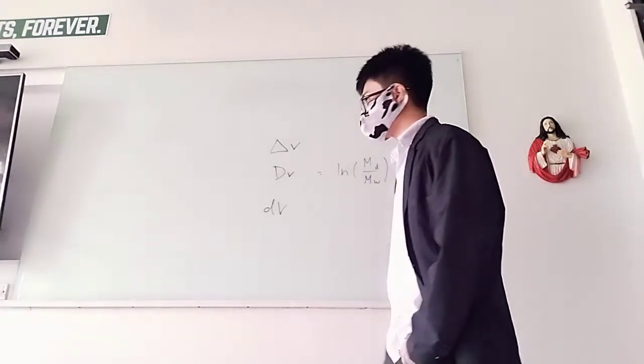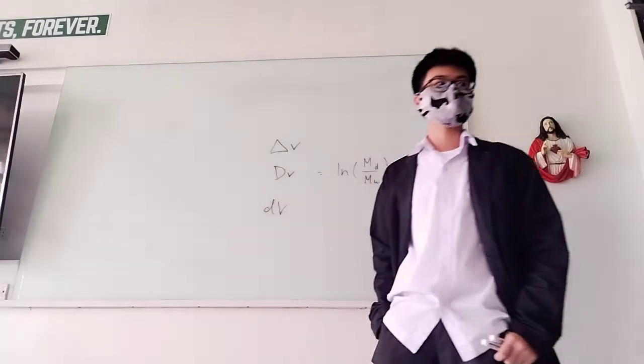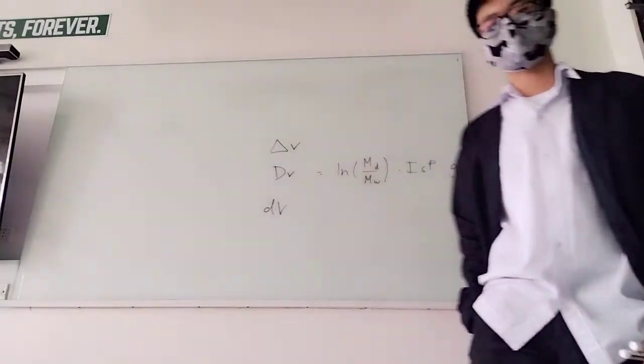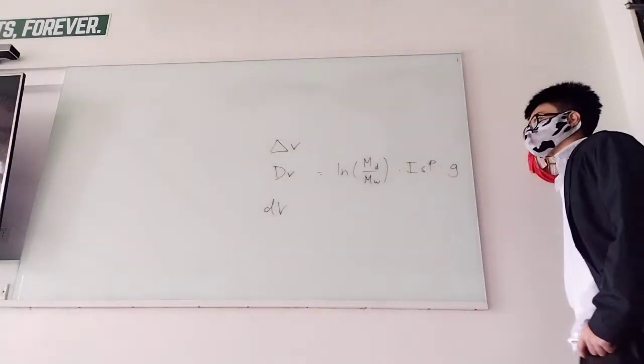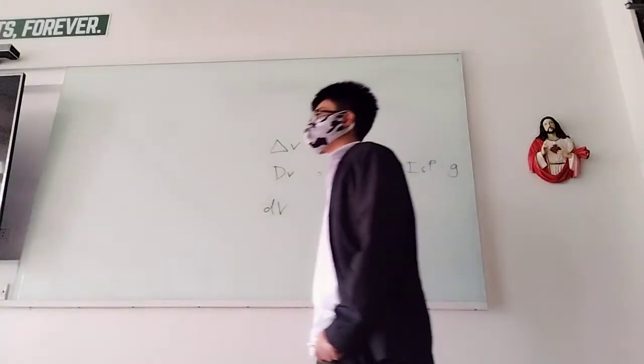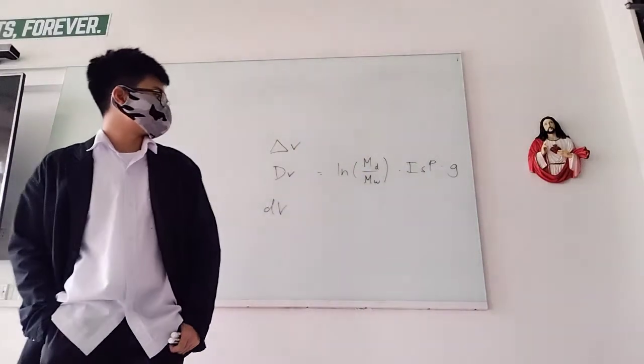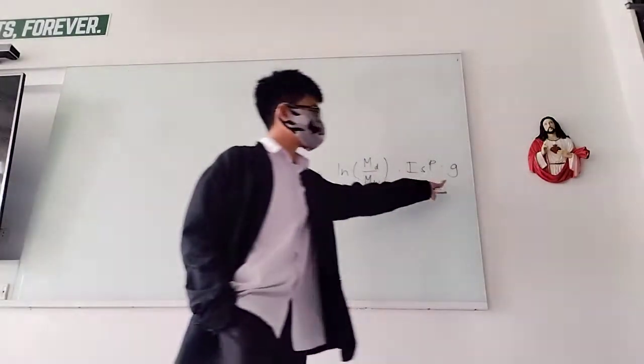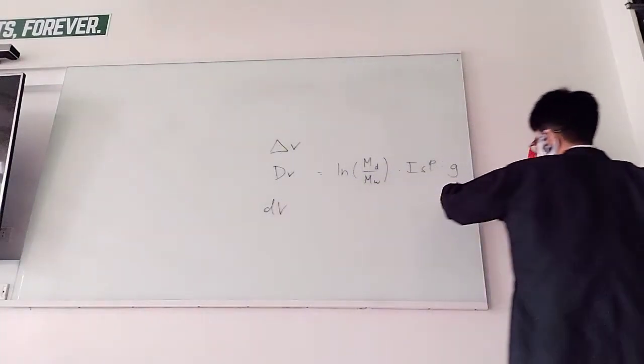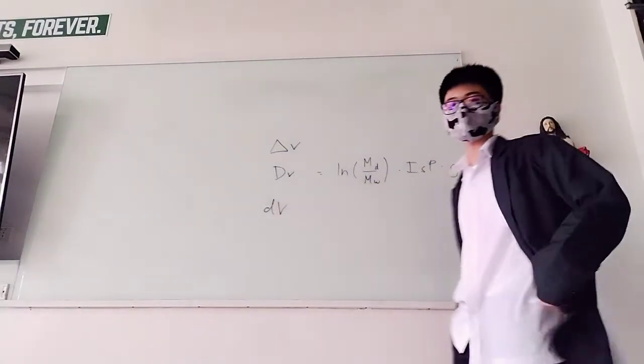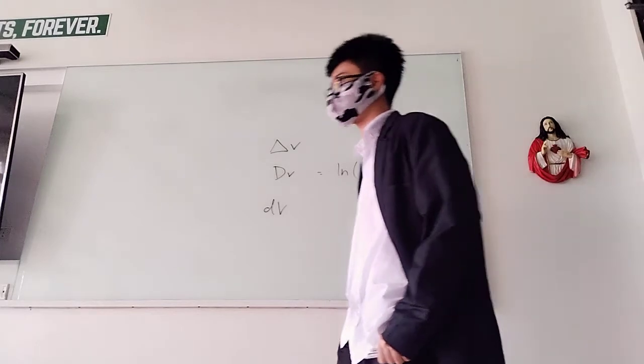So ISP is a measure of your engine's miles per gallon sort of thing, or kilometers per kilogram of fuel, I believe. And then g is the gravity, or the gravitational constant, of your planet. So for Earth, that's 9.8 meters per second squared.